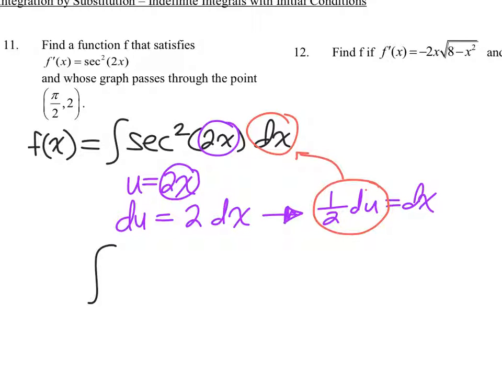So we're looking at secant squared of u, and then we have that 1/2 du. It's just a question of where I want to put the 1/2. Inside the integral, outside the integral, it doesn't make a difference. I'll put it inside.